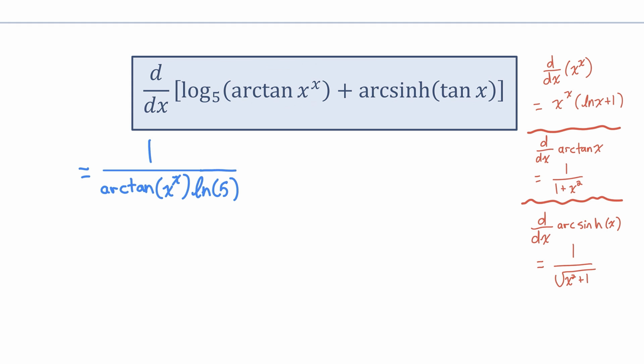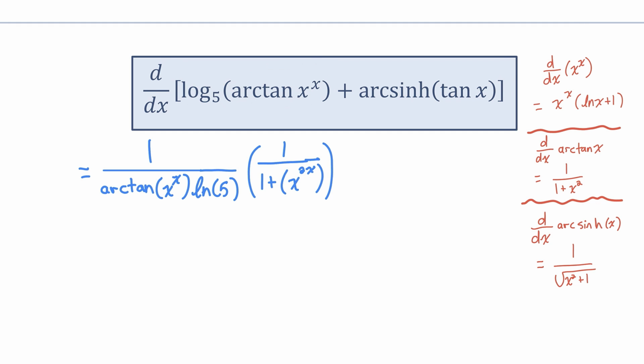Well, the derivative of arctan, we wrote over here, is 1 over 1 plus x squared, but it won't be x squared this time. It'll be x to the x squared. So it'll be 1 over 1 plus x to the x squared. I could just rewrite that as x to the power of 2x.